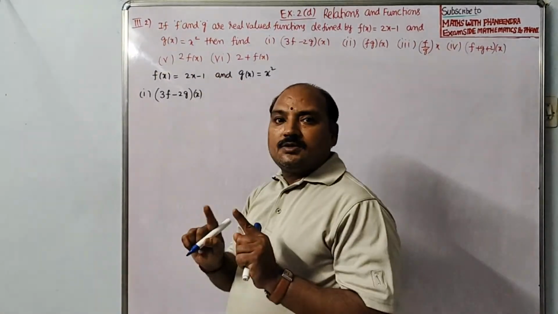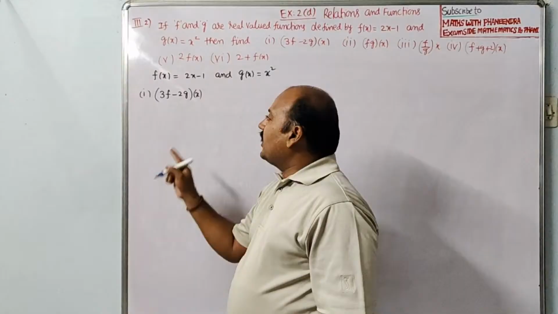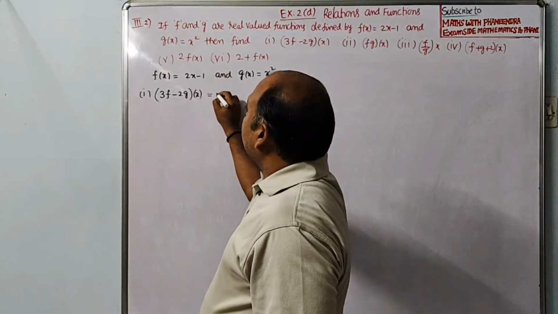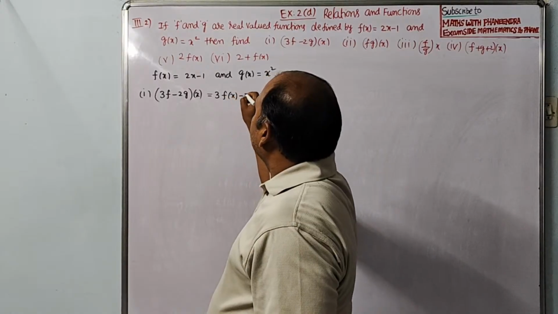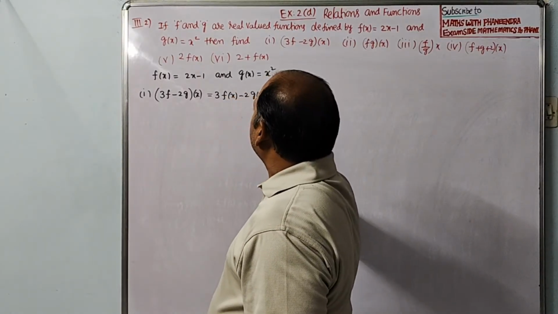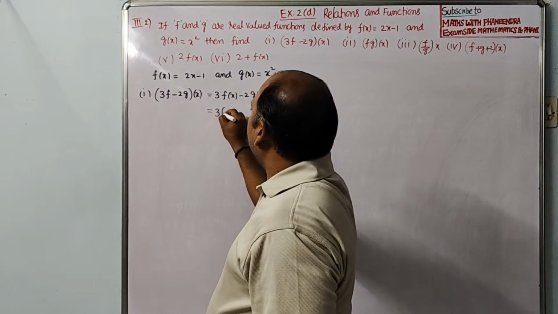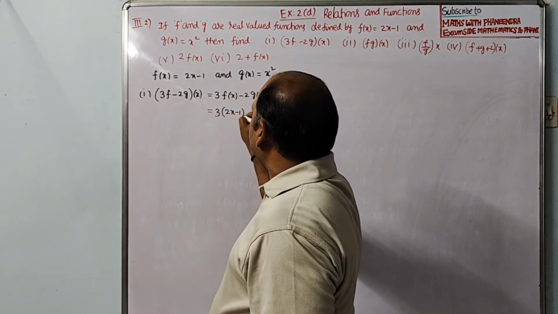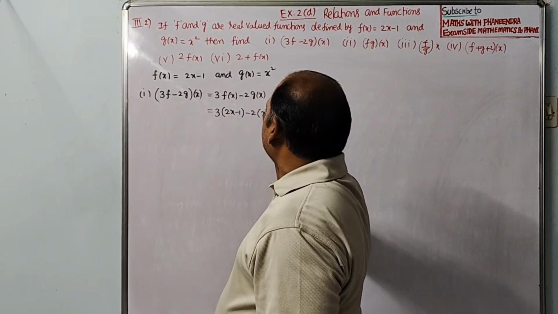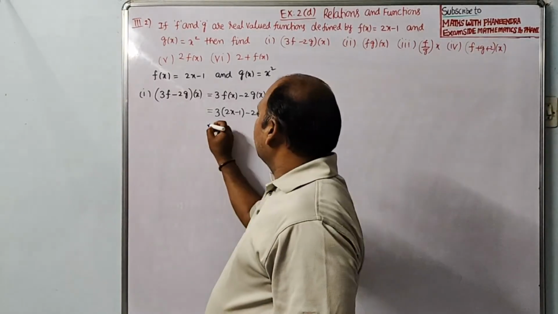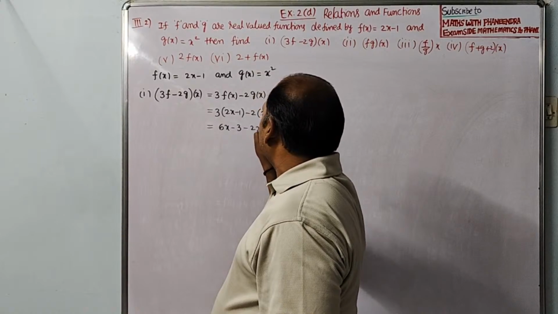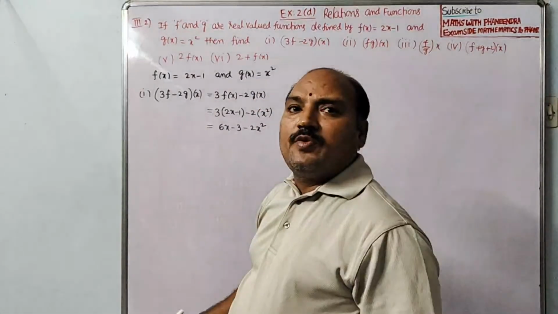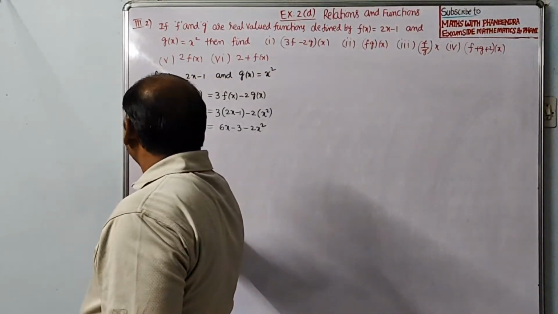So just scalar multiple with subtraction of two functions: 3 times f of x minus 2 times g of x. So 3 times f of x value 2x minus 1, minus 2 times g of x means x square. So which is equal to 6x minus 3 minus 2x square. That's all. First question is over. Come to question number 2.